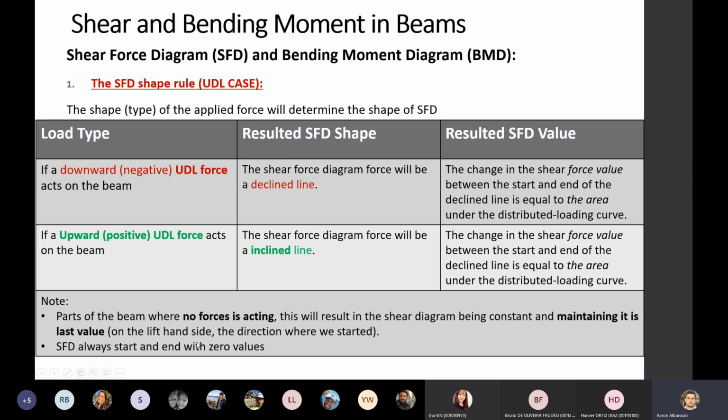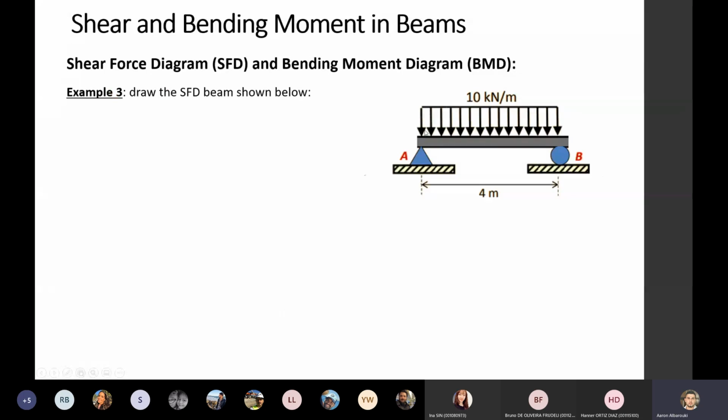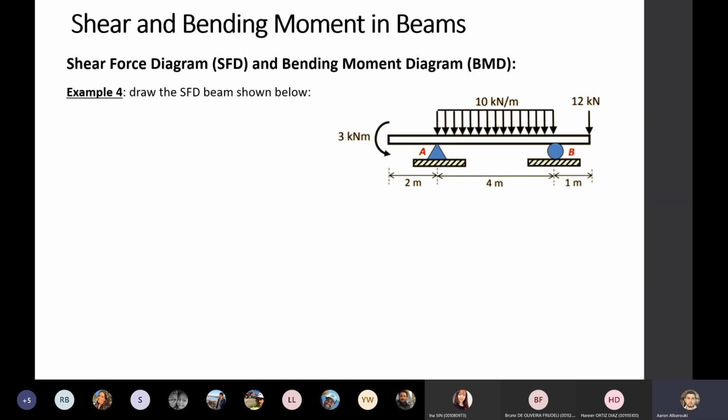And the same rules will apply if we have a small portion of the beam that doesn't have UDL, doesn't have point load. Here we have the beam all together with a uniform distributed load, but we may have a uniform distributed load here, then a gap, then another uniform distributed load there. You may have all kinds of scenarios, like this one, for example.